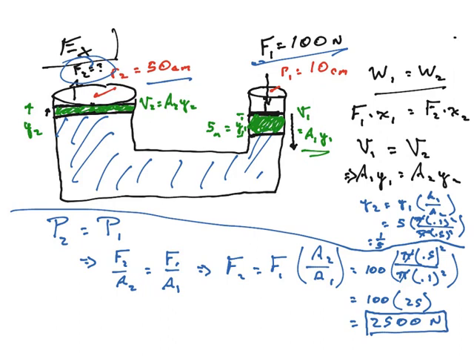However, in order to move it any appreciable distance, I have to push down on my piston a really, really long ways. In fact, the more mechanical advantage I get, that is, the heavier the object I'm trying to push up, the more I have to push in distance.